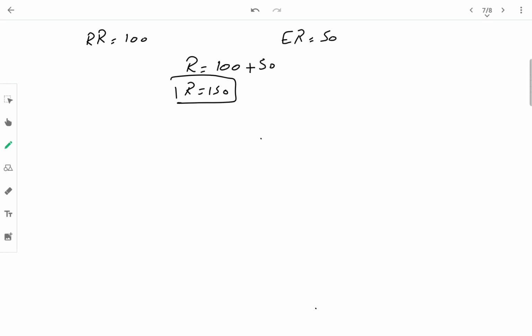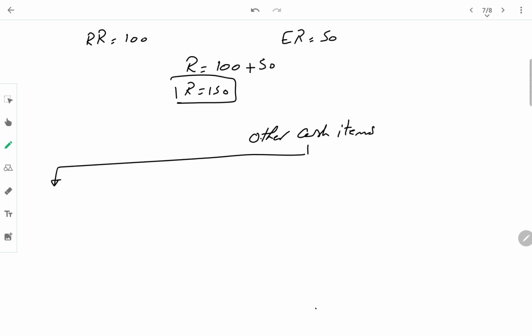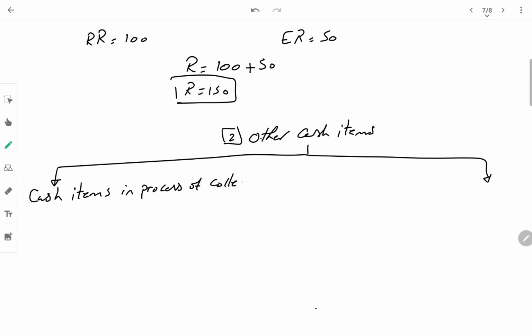Item number 2, which is other cash items. Other cash items consist of two main components: cash items in process of collection and deposits at other banks.